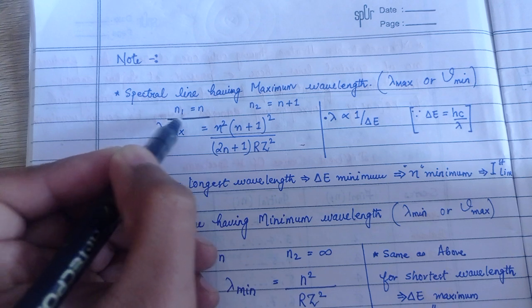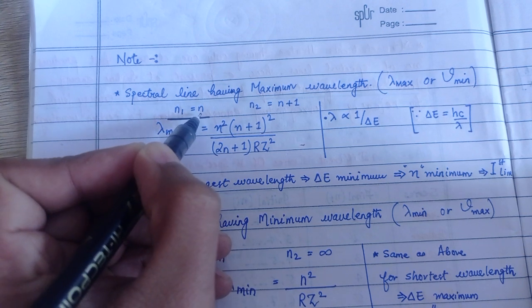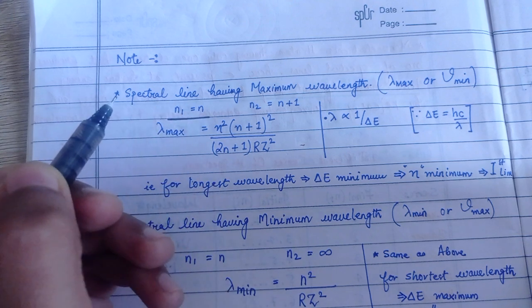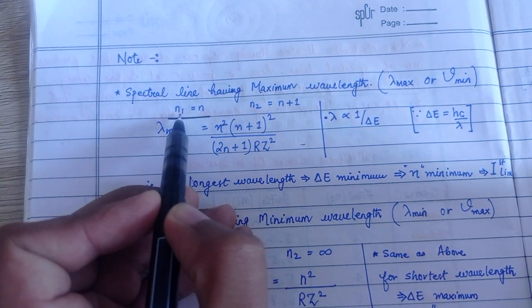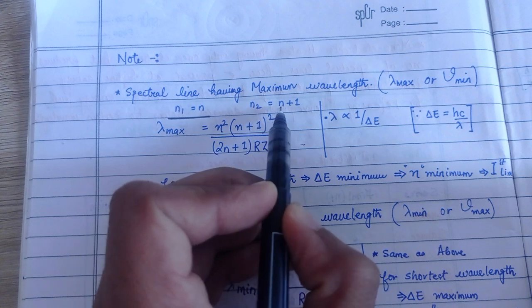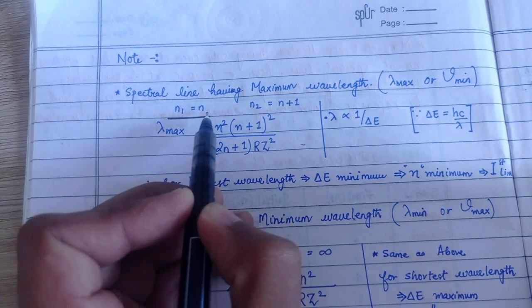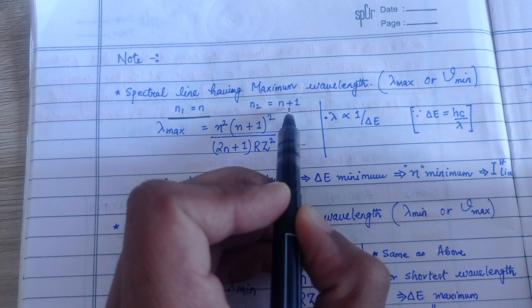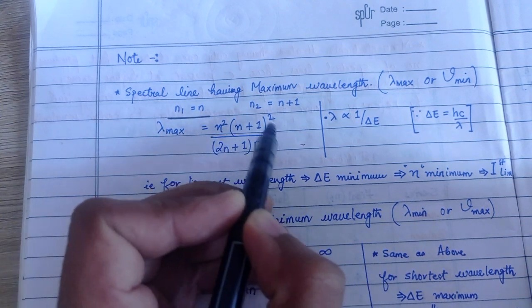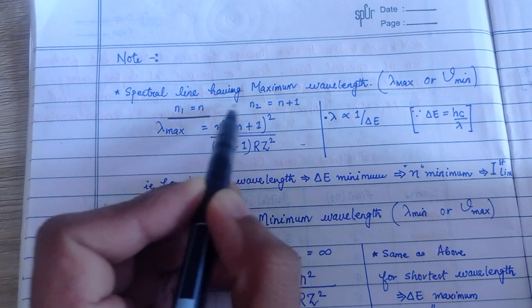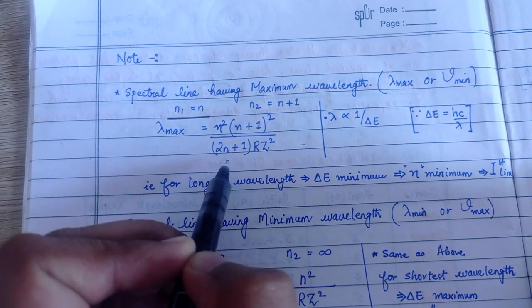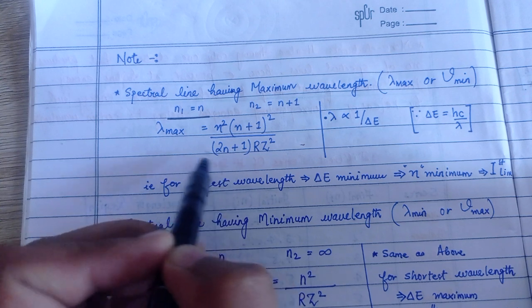For Lyman series it will be 1, for Balmer series it will be 2, for Paschen series it will be 3, like this. And n2 will be n plus 1, because the electron will definitely come from a higher energy level. I'm not going to show you in detail where this formula came from, this is the final formula through which you can directly write the answer.